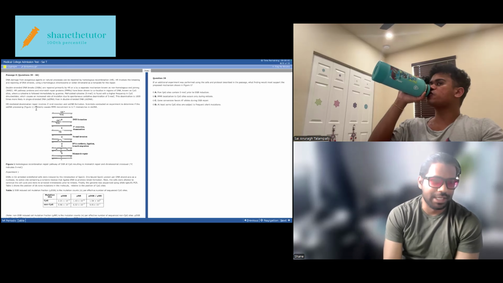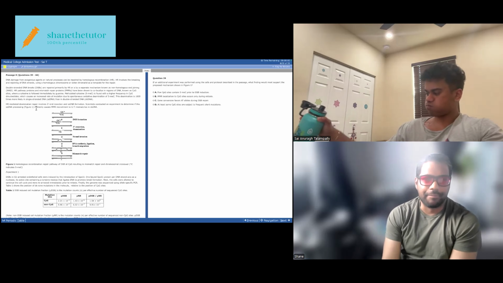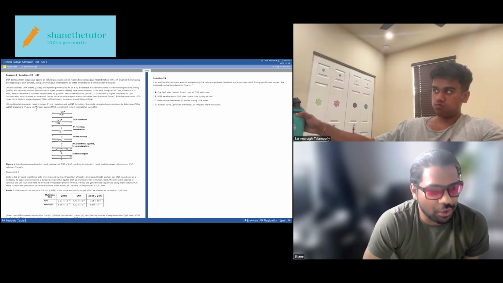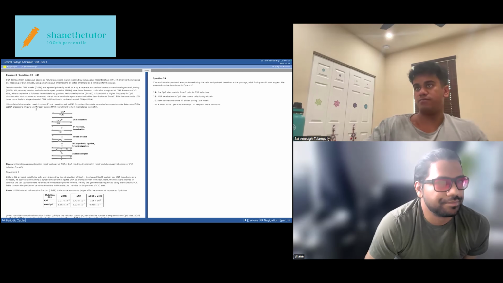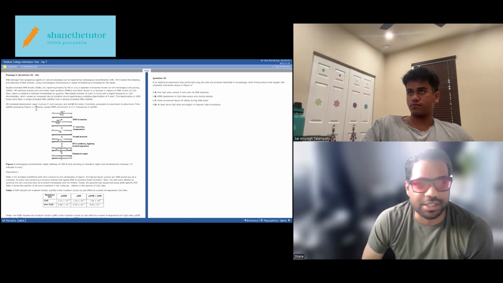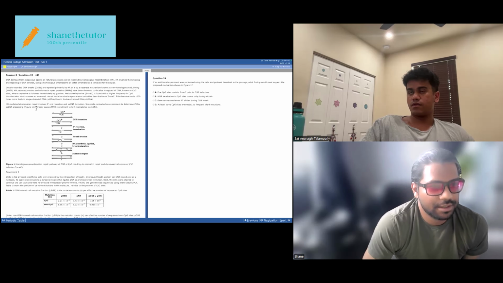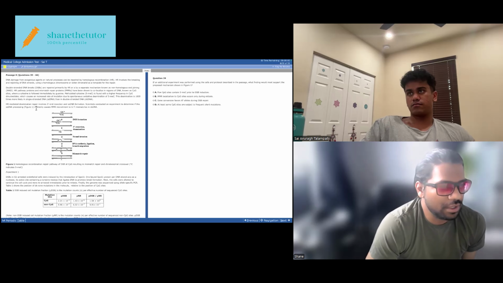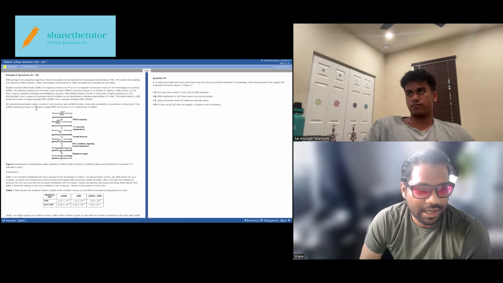HR pathway proteins and mismatch repair proteins, MMRs, have been shown to co-localize in regions of DNA known as CpG sites, where a cytosine is followed immediately by a guanine. Okay, so I guess that's what a CpG site is.